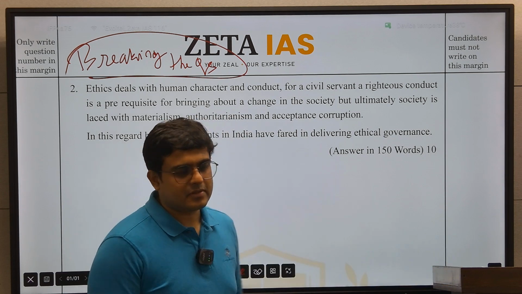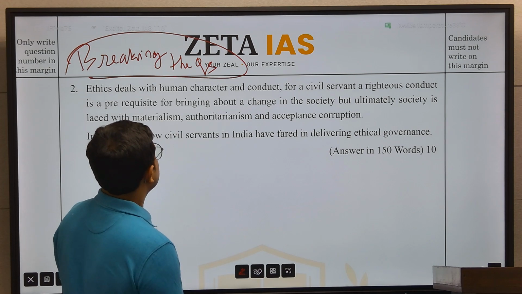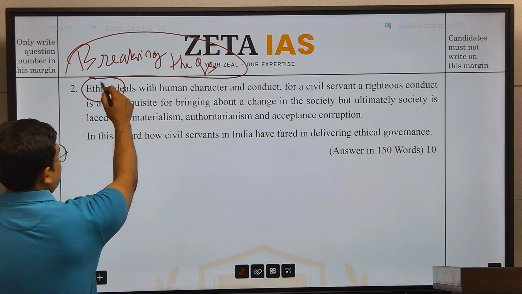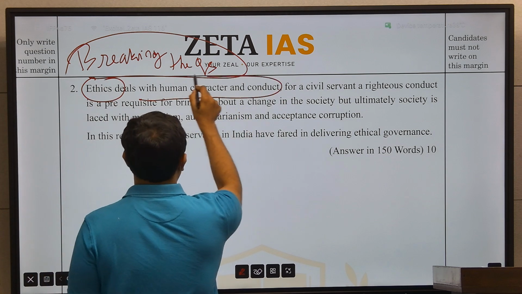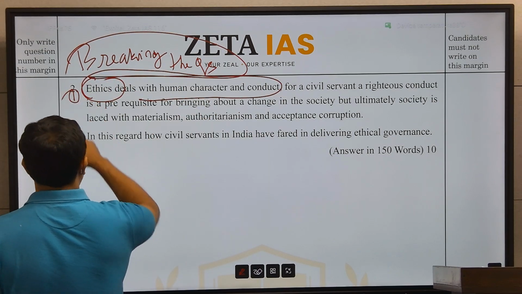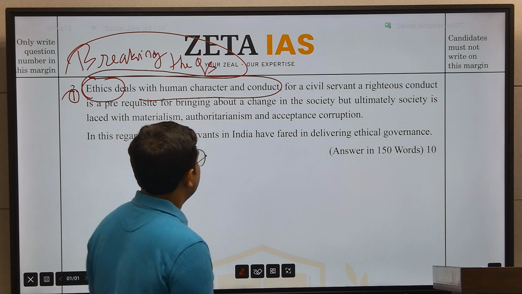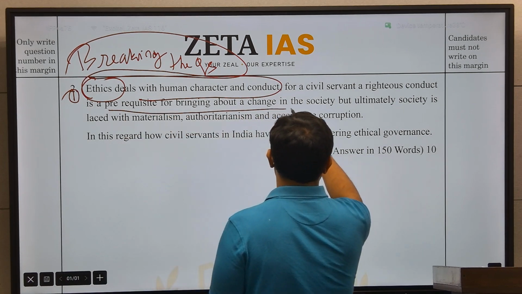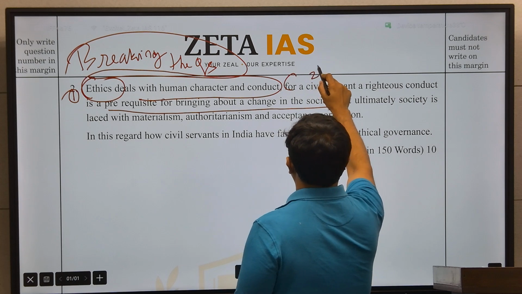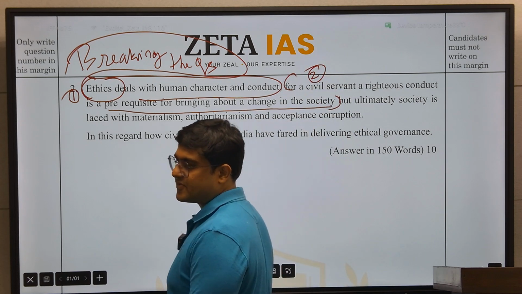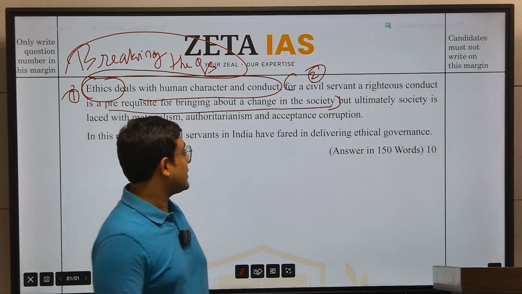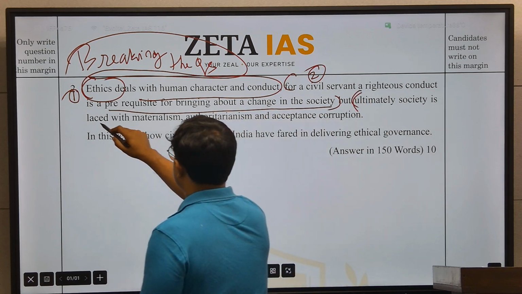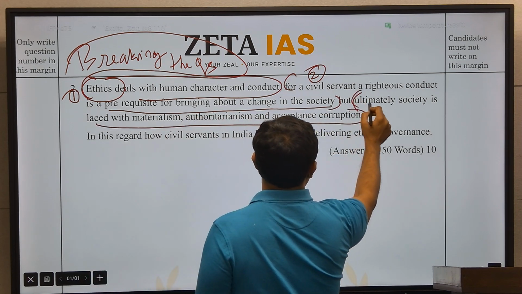Very important process. So first, break it: ethics deals with human character and conduct. Okay, it talks about ethics. For a civil servant, righteous conduct is a prerequisite to bring about change in the society. So, significance of ethics to a civil servant, second part. But the society is ultimately laced with some issues.